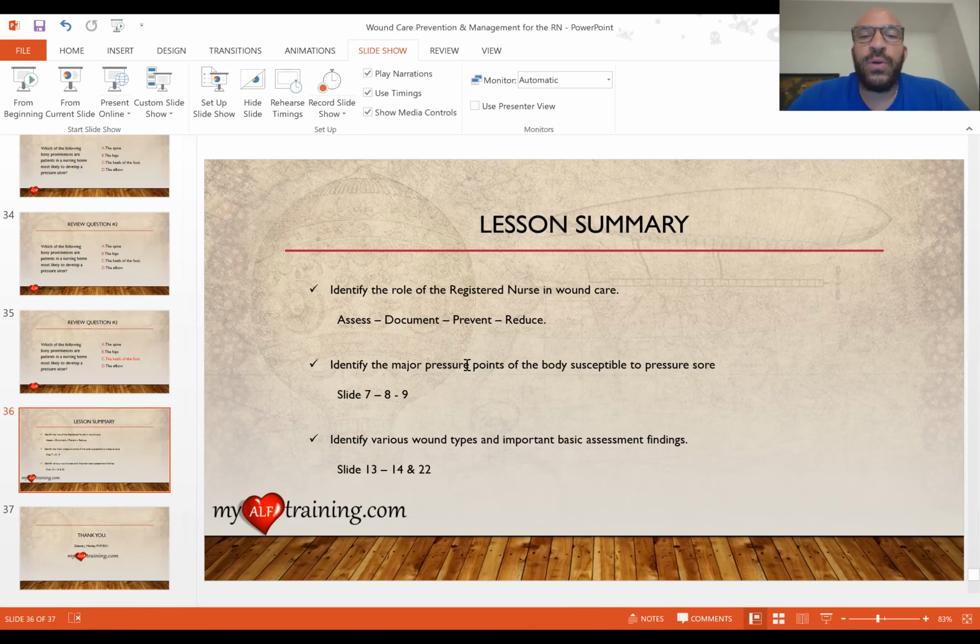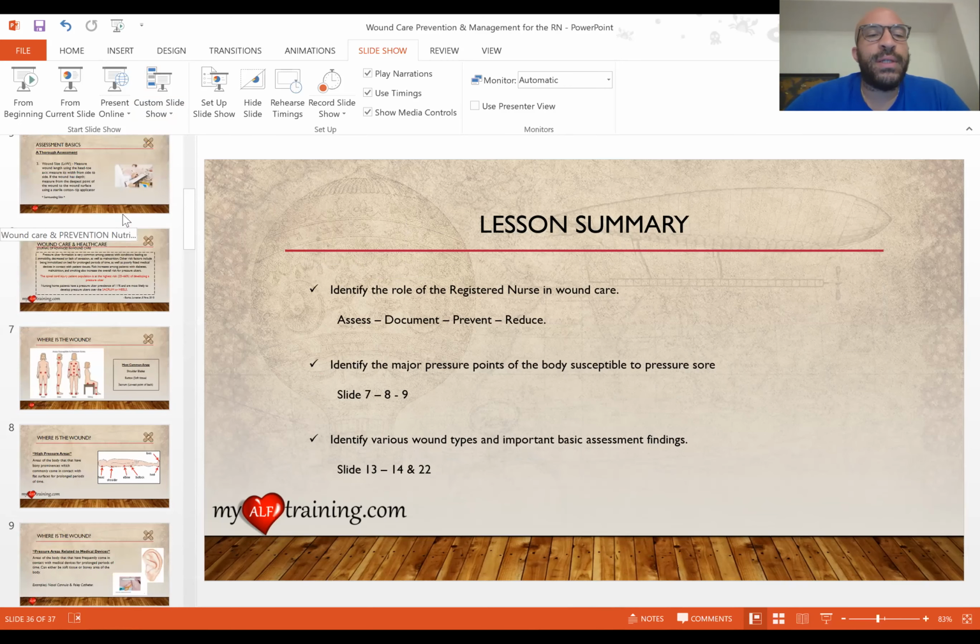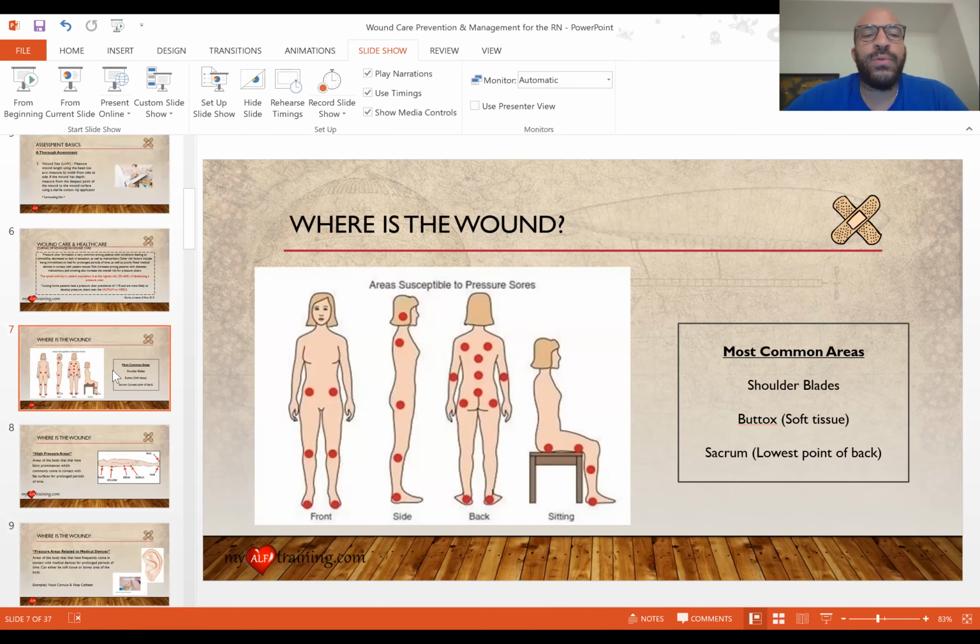So our second objective was identifying the major pressure points of the body susceptible to pressure sores. On slides 7, 8, and 9, we had a lot of visuals. We talked about where the wound is.